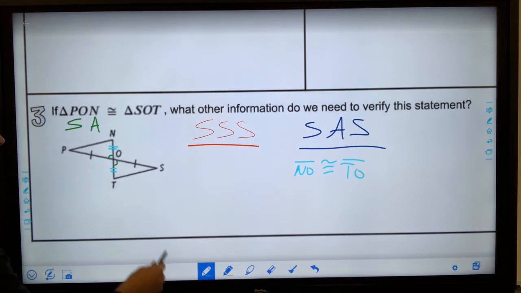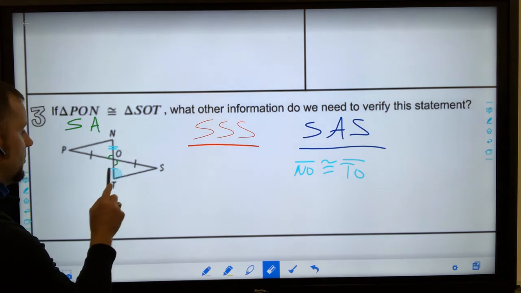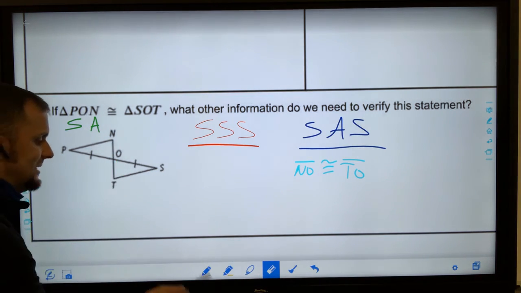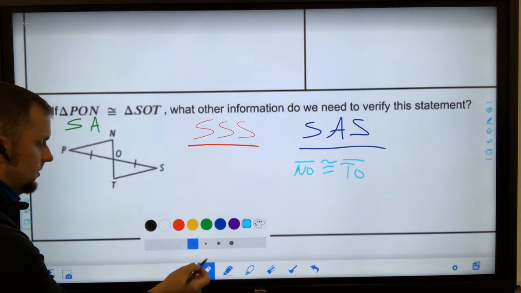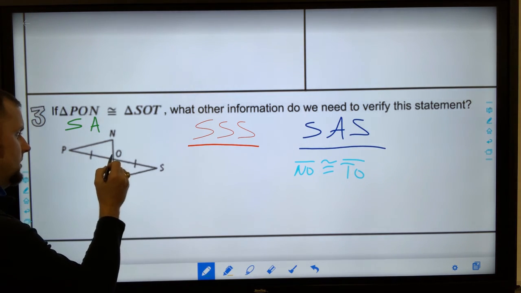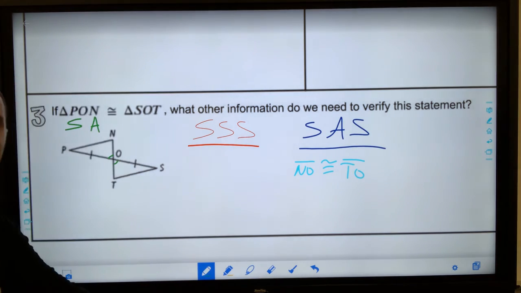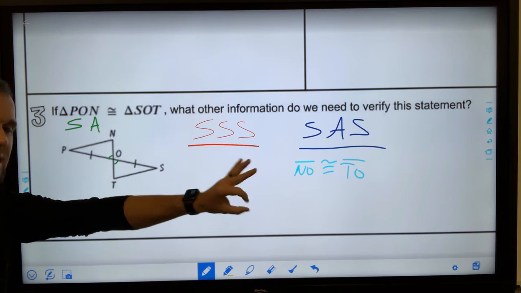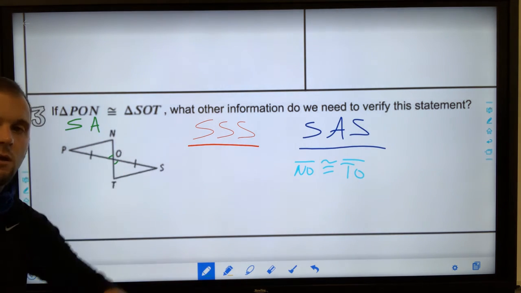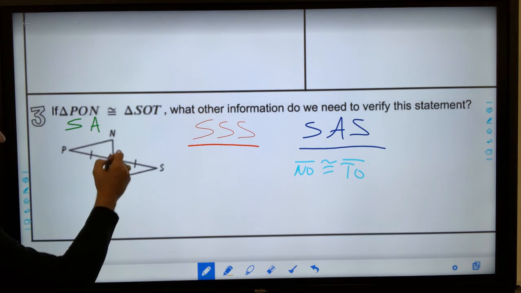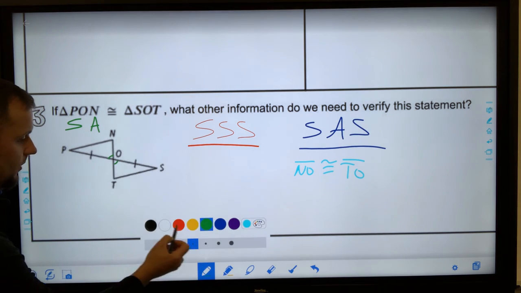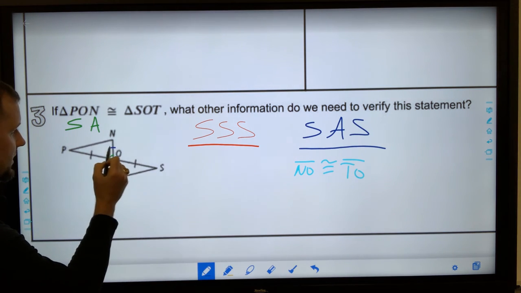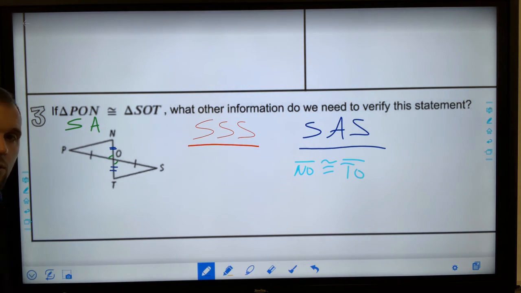So now, what other information do I need in order to prove congruent by side, side, side, okay? So again, this angle right here is going to be congruent. So I already have a side and an angle, but for side, side, side, I need all 3 sides to be congruent. So for that to happen, I need NO and OT to be congruent as well. So I need NO and OT to be congruent.